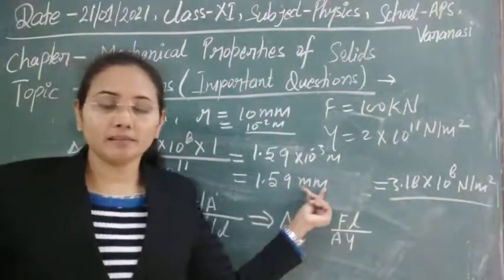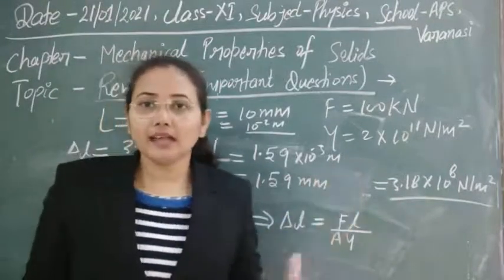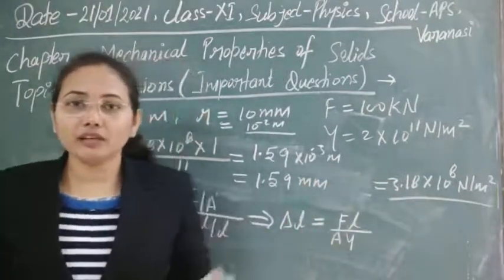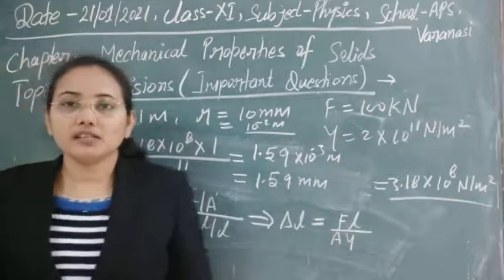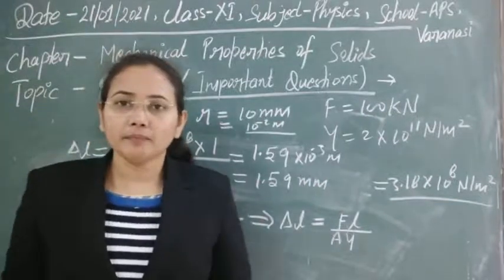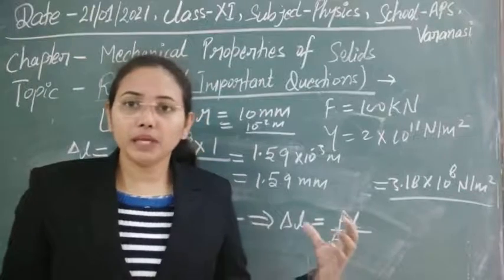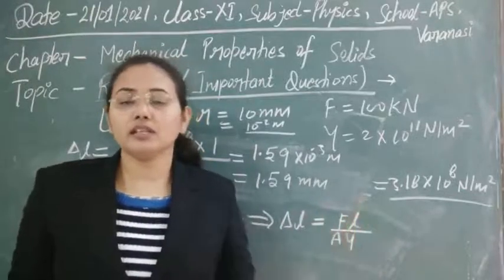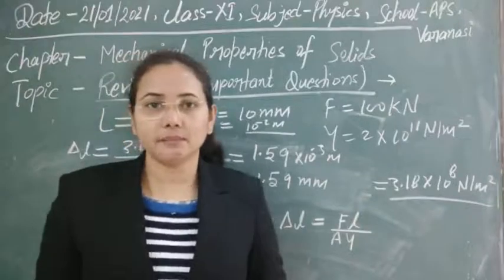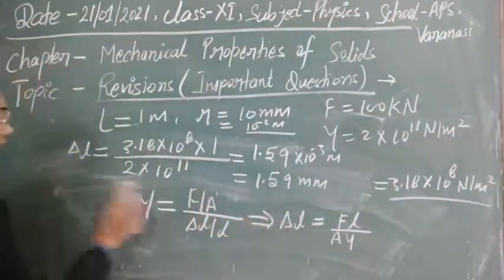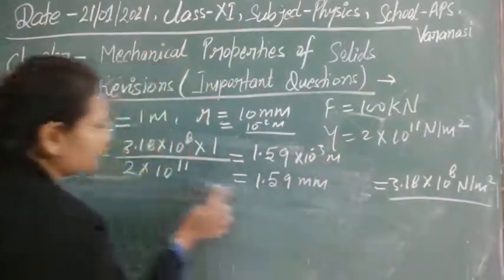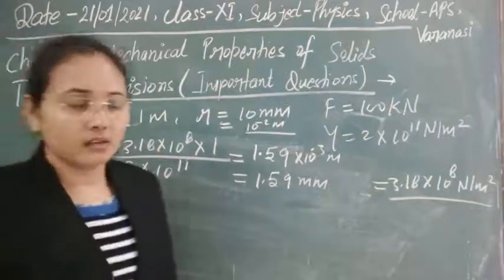So we see that the Young's modulus, or elastic property, of steel is very great. That's why we use steel to make so many structural things, and basically we also use it for making cookwares.